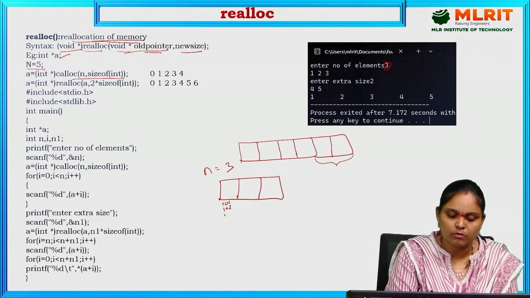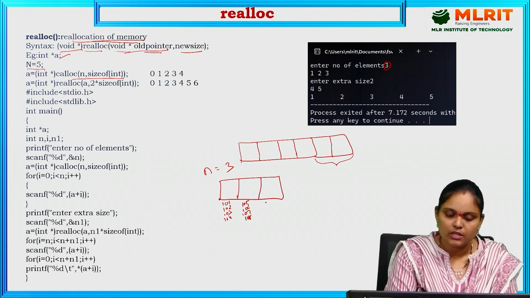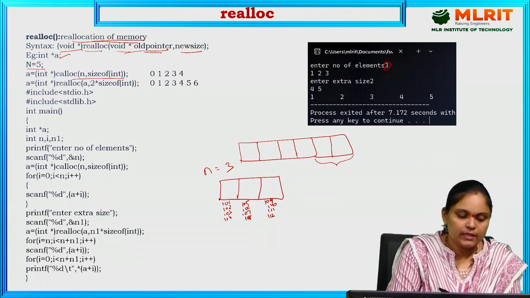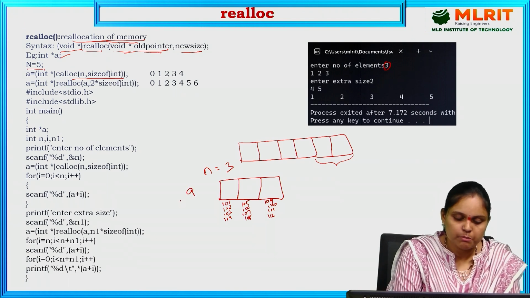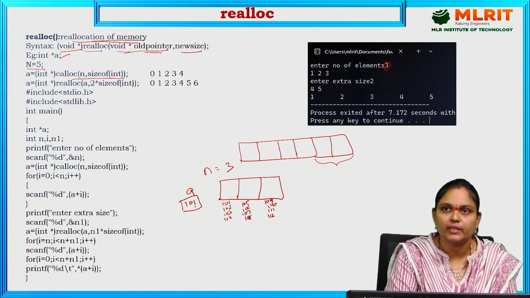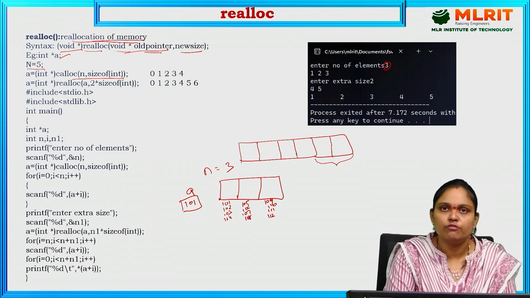Consider the addresses 101, 102, 103, 104, then 105, 106, 107 and 108, then 109, 110, 111 and 112. Here a holds the base address, which is 101. The first byte address is assigned to that pointer variable.